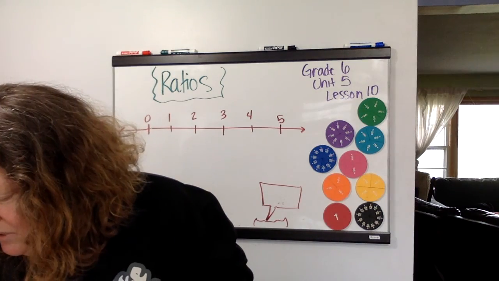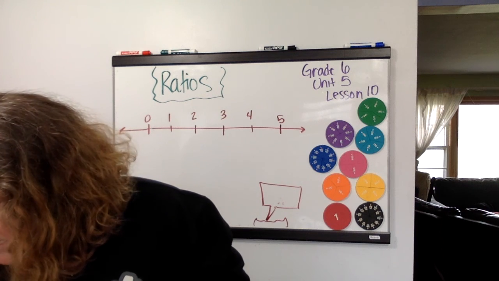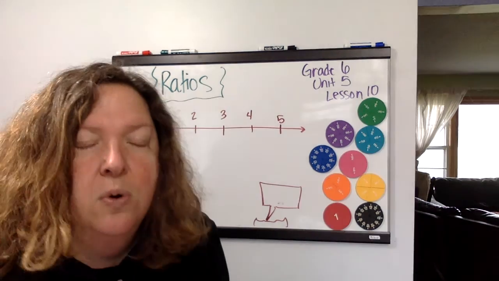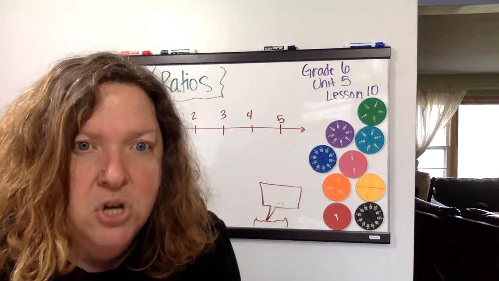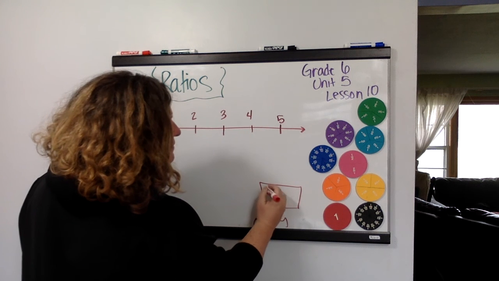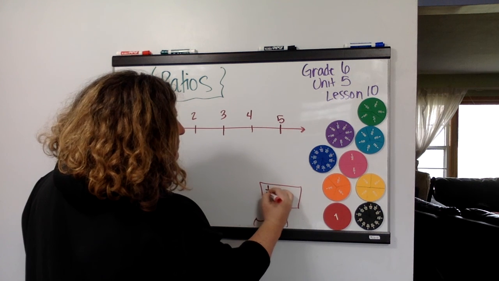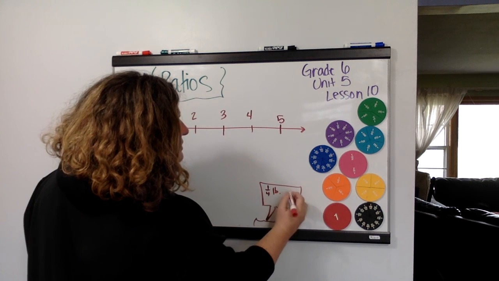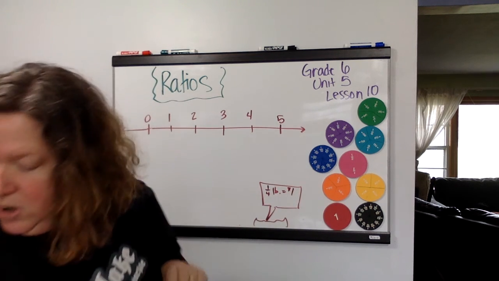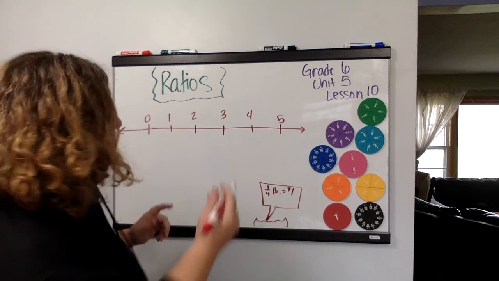Well, in this particular case, they're telling us that 1/4 pound of potato salad costs $1. So their sign would say 1/4 pound equals $1.